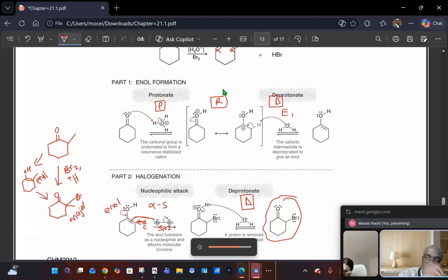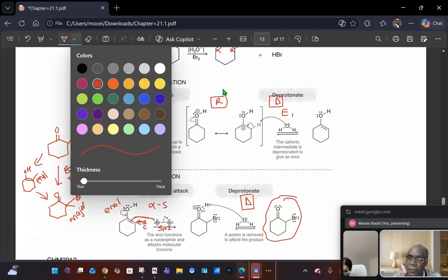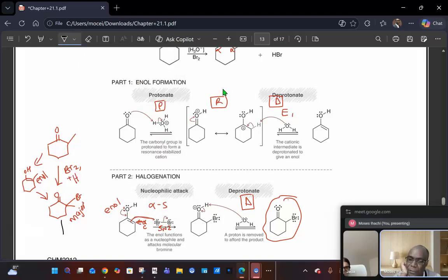And in the next slide, I think you'll see how you can go from here and do an E2 reaction. I know you said your exam is comprehensive, so you'll need to remember all these things. So this beta hydrogen here can be removed by a base.